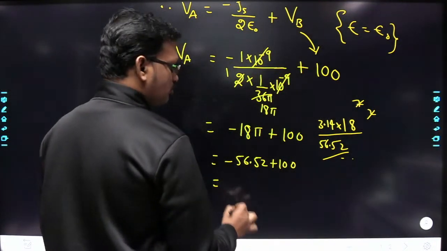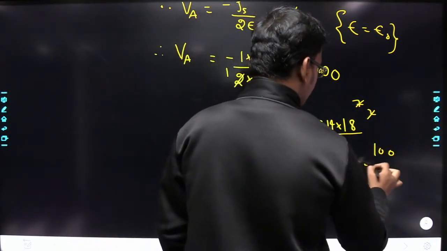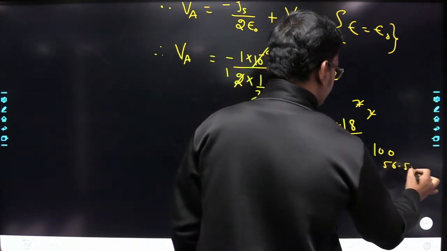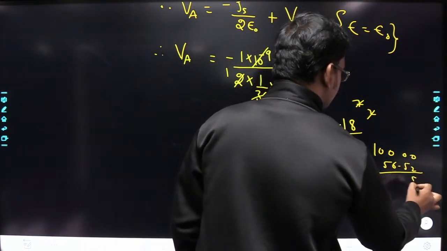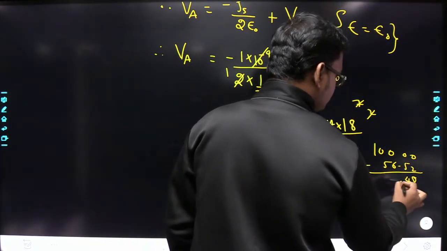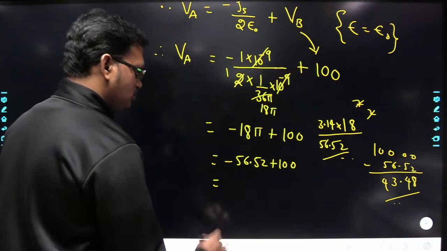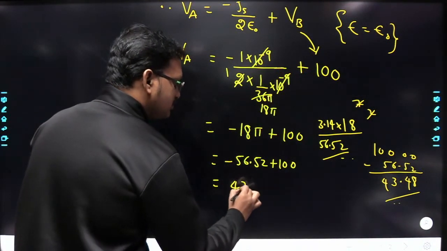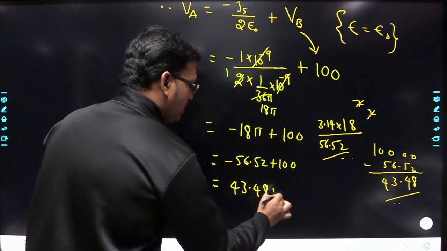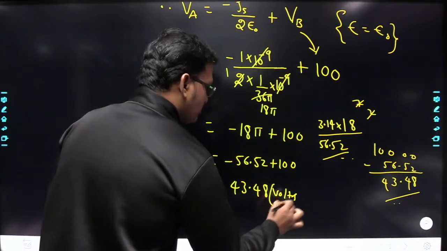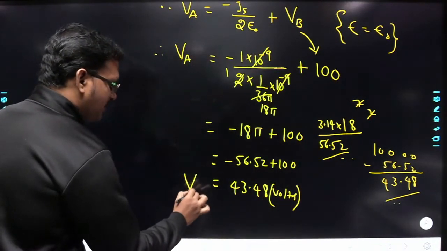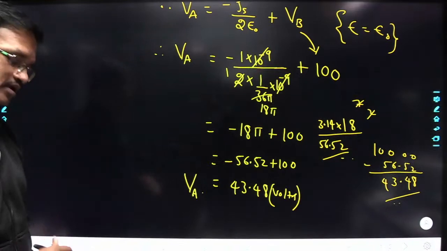So how much will you get here? 100 minus 56.52, so you will get 43.48 volts. This is the potential at A with respect to B.